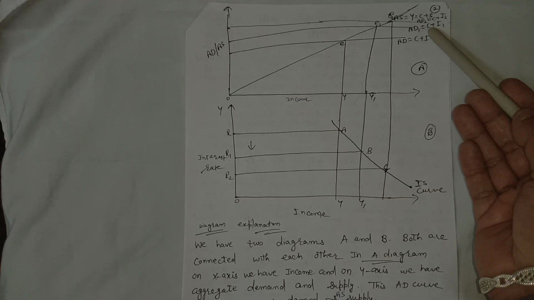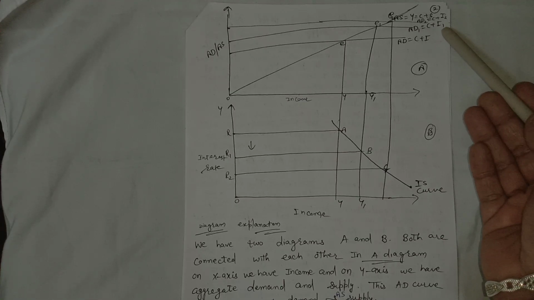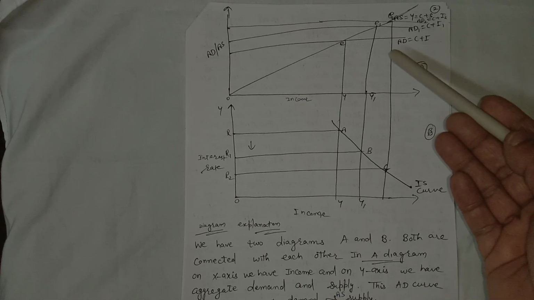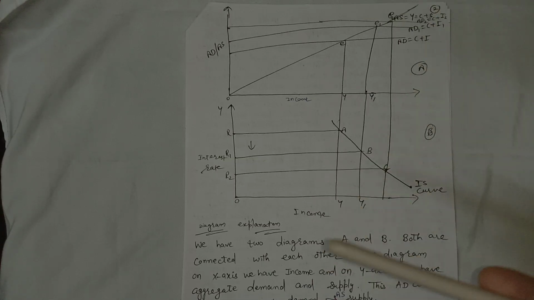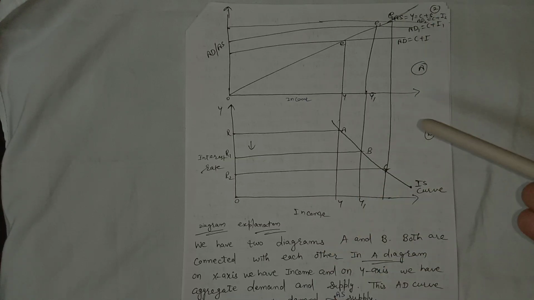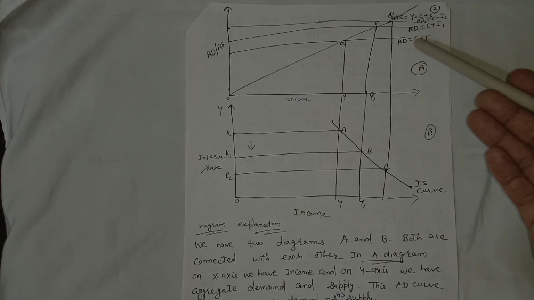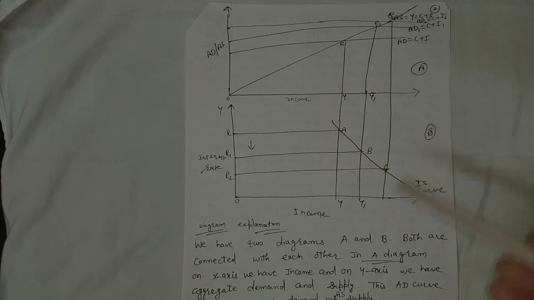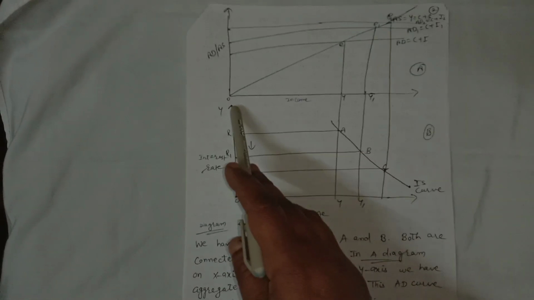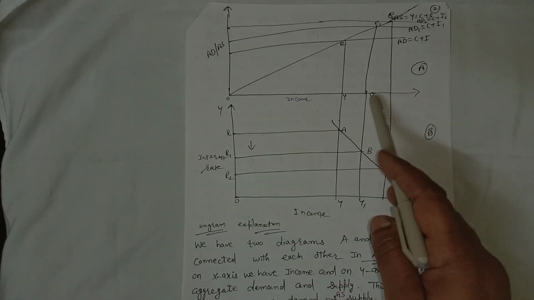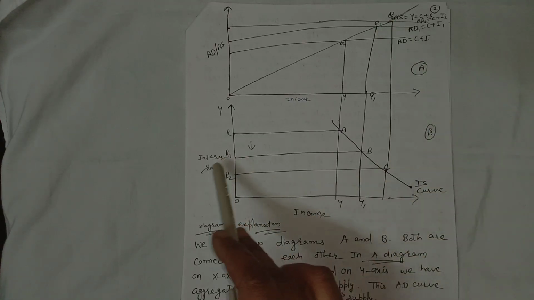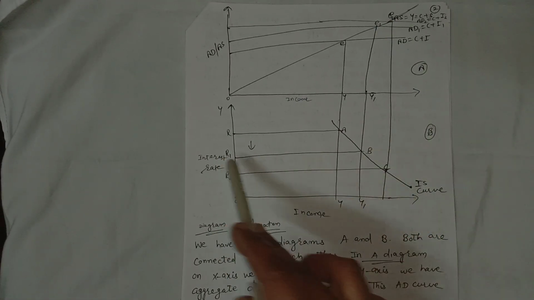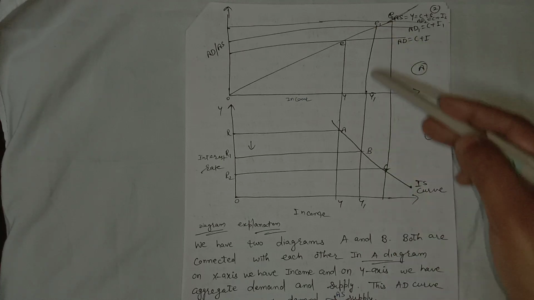Now our new consumption is C1 plus new investment I1. AD is aggregate demand, and as it increases, our income also increases, from OY to OY1. Now our new equilibrium point is E1. In diagram B, as the interest rate falls, the new equilibrium point is B. So they are interconnected with each other.